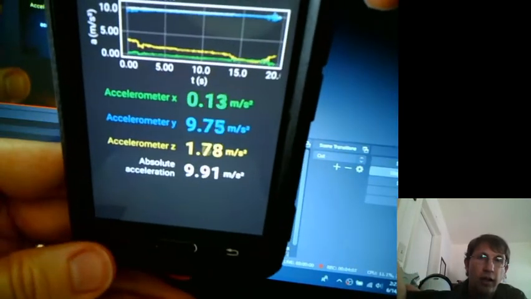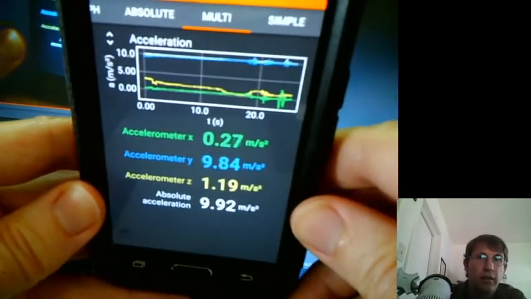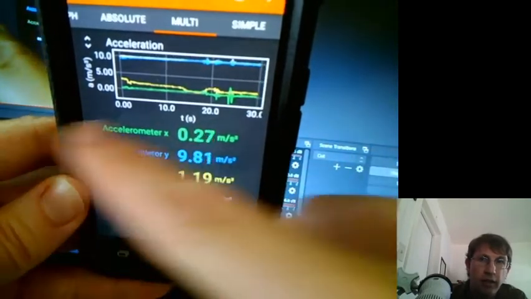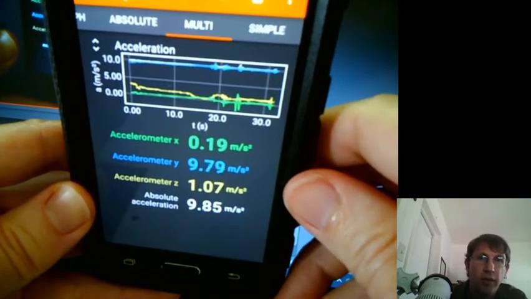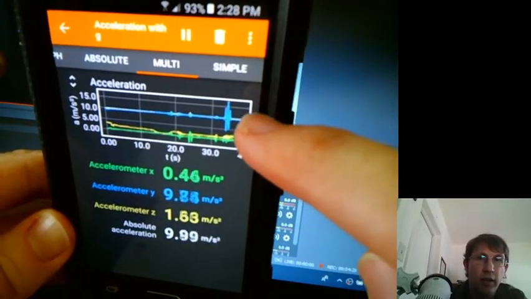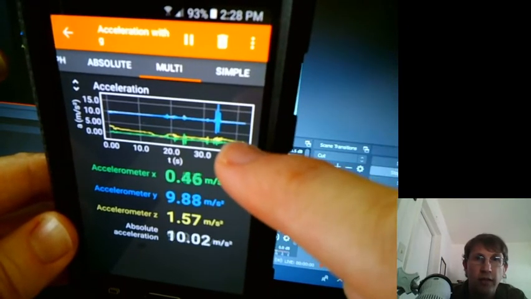And here, if I moved it left and right, you see how we got a blip in the x direction because I was moving it left and right. If I moved it up and down, we would get a blip in the y direction. You can see how we got a lot of movement in the y direction, the blue curve here, but not much in the x and z.